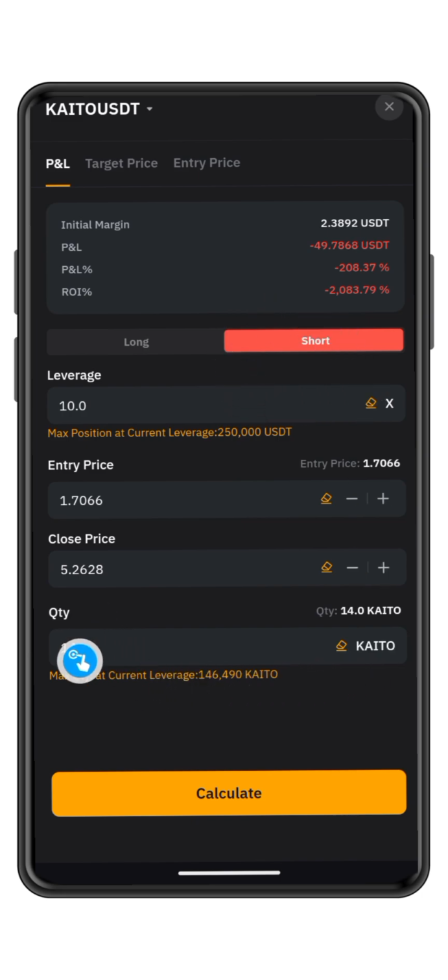I keyed in the quantity on my position size, the quantity of Kaito in here. The liquidation price that was given to me, I keyed it in here, and then the entry price, I keyed it in here, and then I clicked on calculate, and the calculator did its job for me. So this is how you can use this calculator to know what is going on. Really important calculation you need to know.